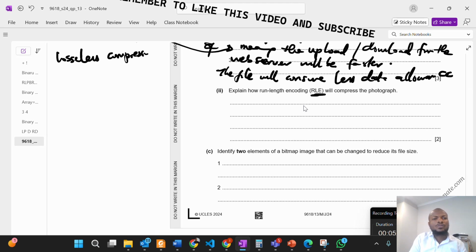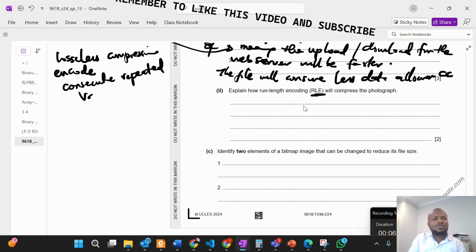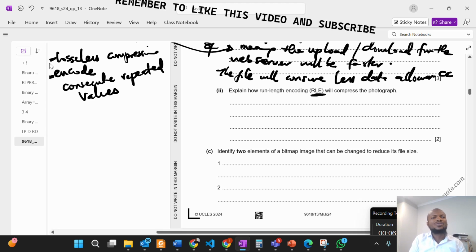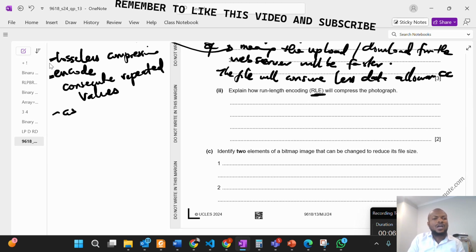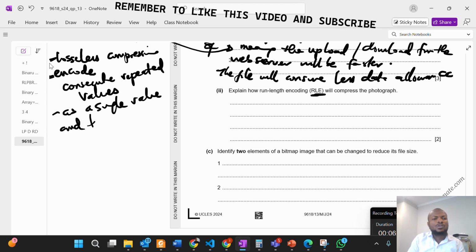It encodes consecutive repeated values as a single value and the number of repetitions.